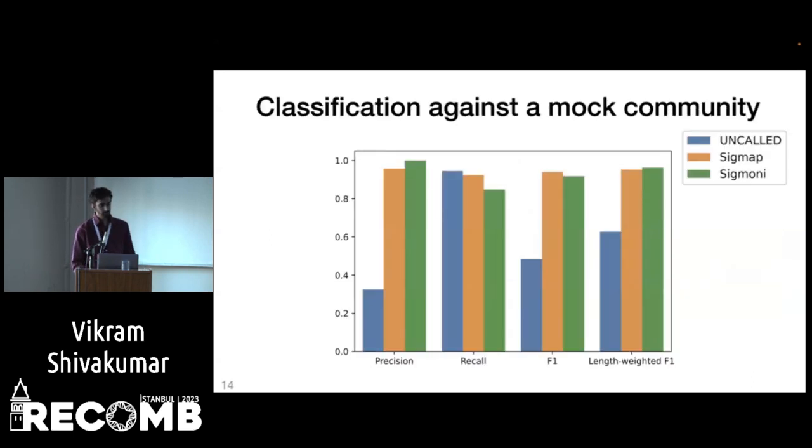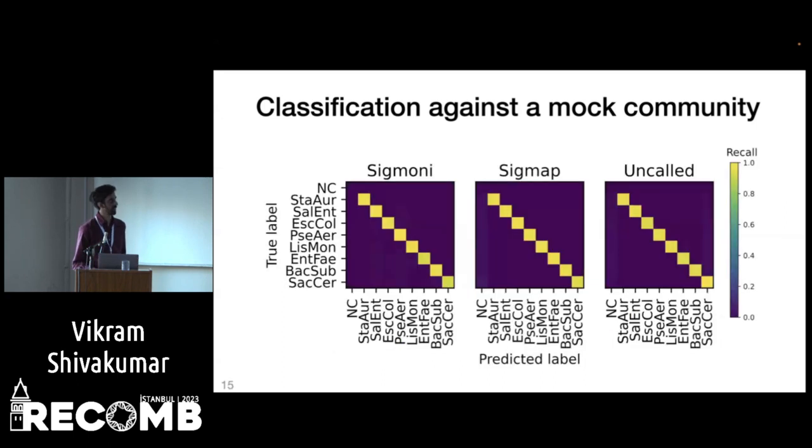And so, in accuracy results, Sigmoni outperforms UNCALLED and Sigmap in both long-read binary classification and a mock community. And we can also extend this to multi-class classification, where we can not only decide if it's bacteria or yeast in a mock community, but also which bacterial species it is, and get approximate mapping information.